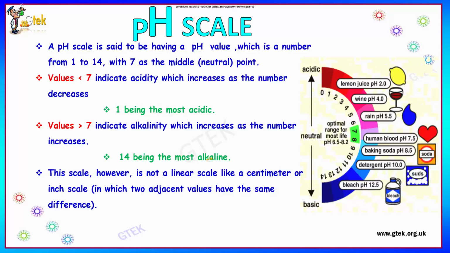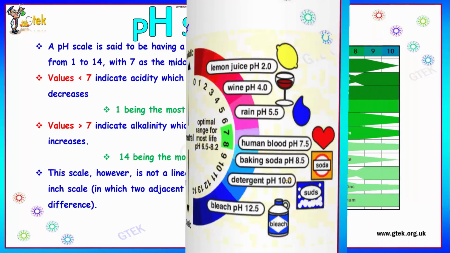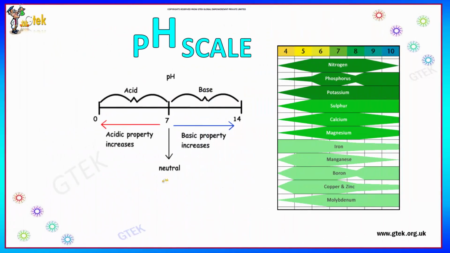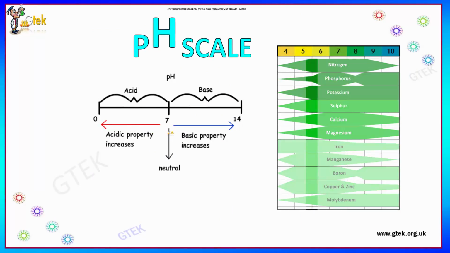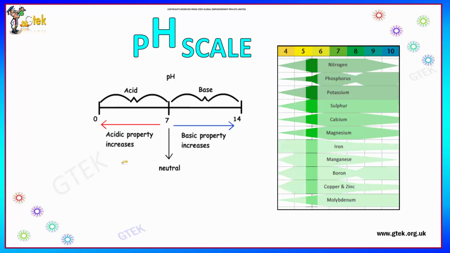So obviously 1 is the most acidic, and 14 is the most alkaline. Less than 7 is acidic, and greater than 7 is alkaline. As I said, 7 is neutral, less than 7 is acidic, and greater than 7 is alkaline.